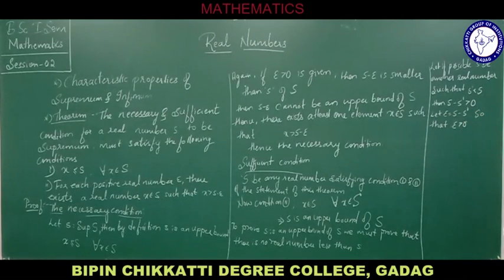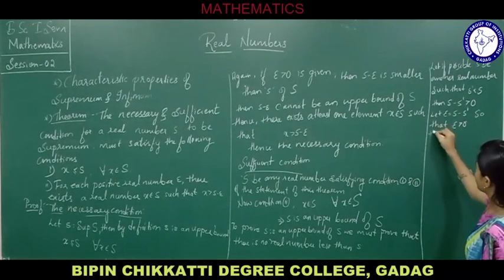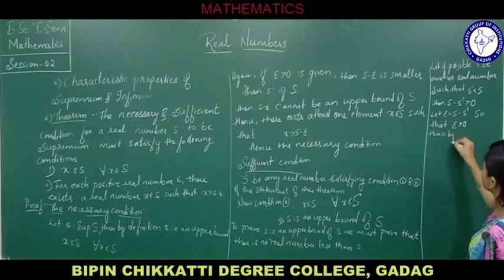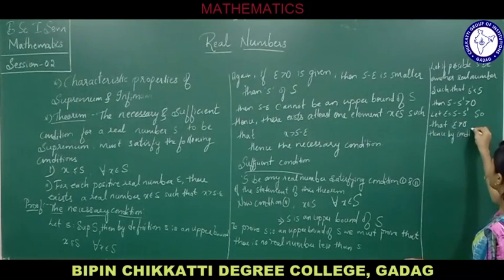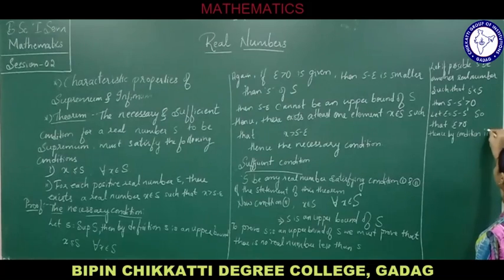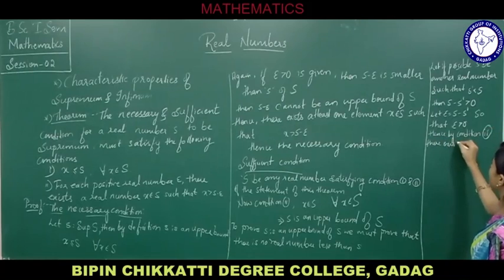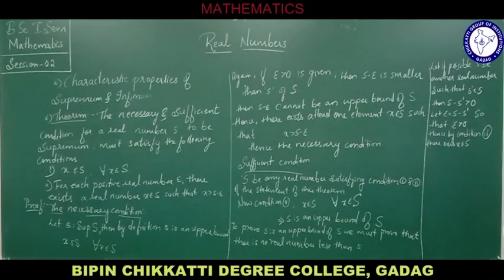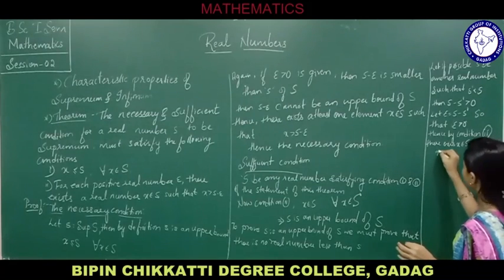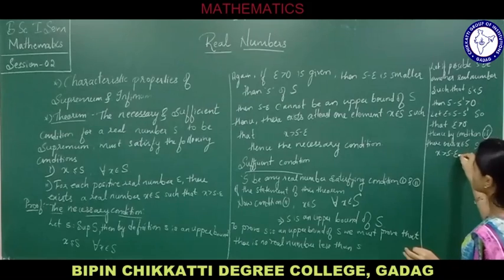Hence, by condition 2, there exists some x belongs to S. What is condition 2? By condition 2, there exists x belongs to S such that this x should be greater than s minus epsilon.